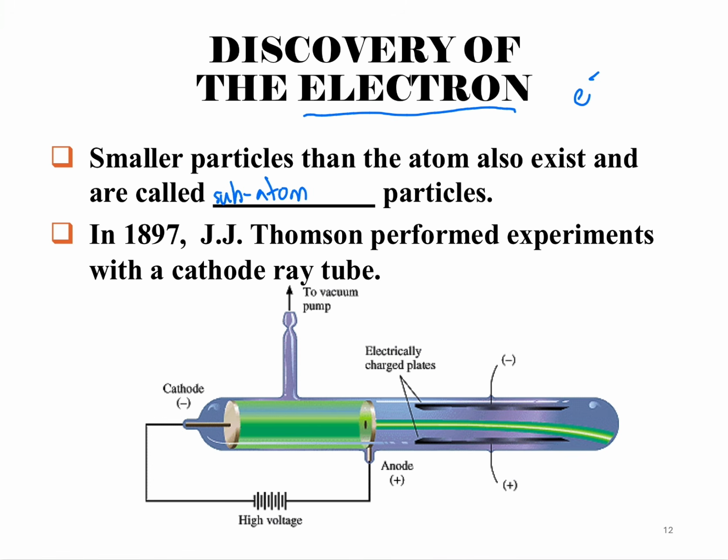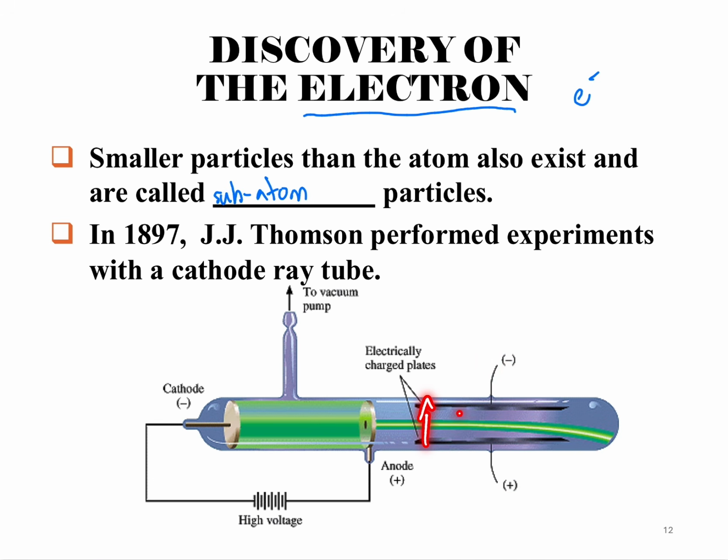In 1897, J.J. Thomson performed an experiment with a cathode ray tube. They basically had all these excited atoms that were pumped into a vacuum, and the atoms were then excited with some form of energy, and they let out a beam. They put this in an electric field, so you have a positive side and a negative side.